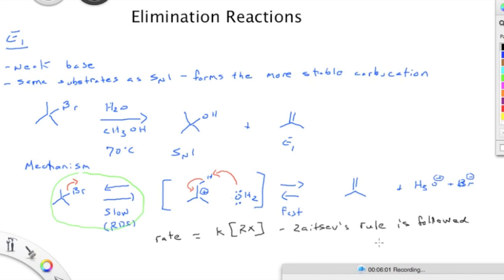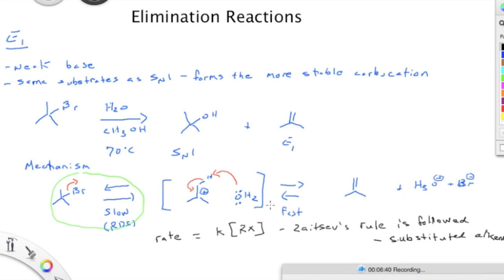So that means we form the more highly substituted double bond, the more highly substituted alkene is formed here. So we're going to follow Zaitsev's rule in this case.